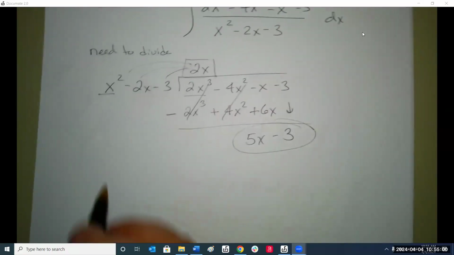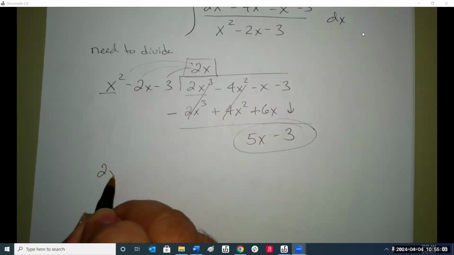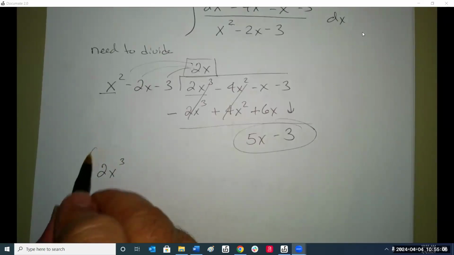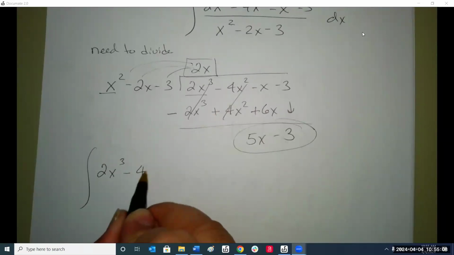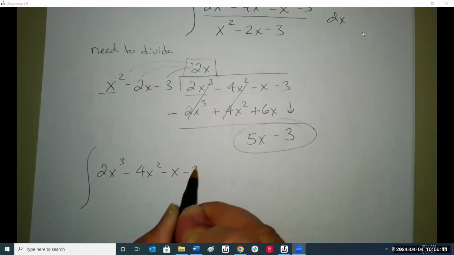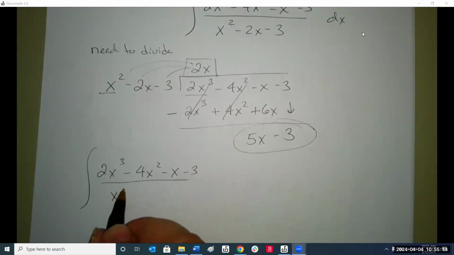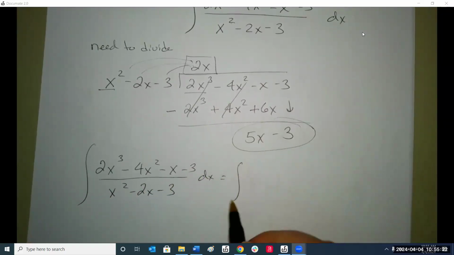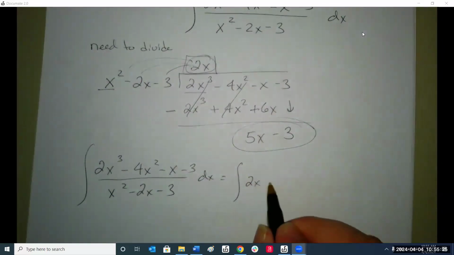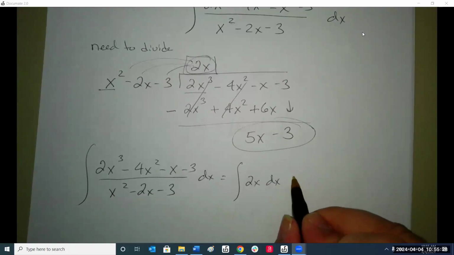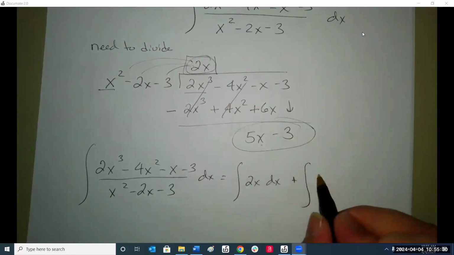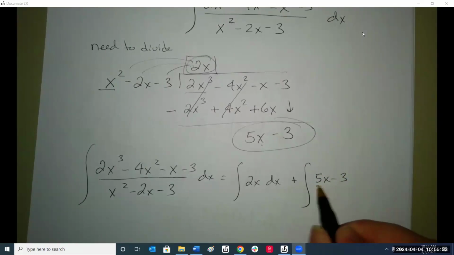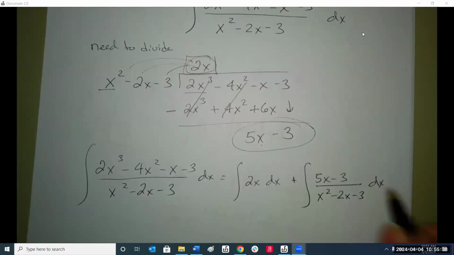So we rewrite our equation as the integral of 2x dx plus the integral of (5x minus 3) over (x squared minus 2x minus 3).